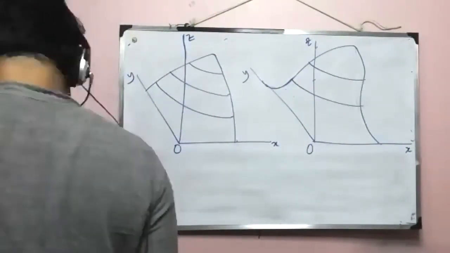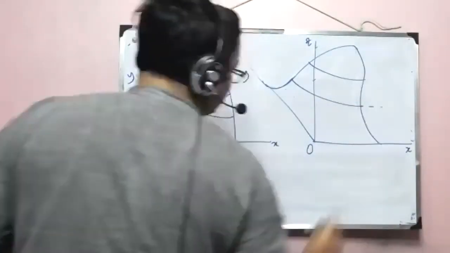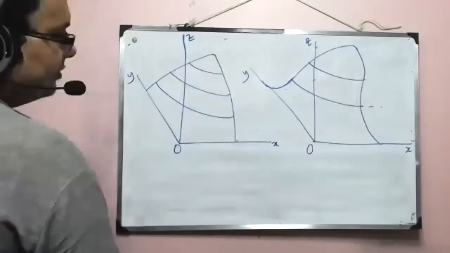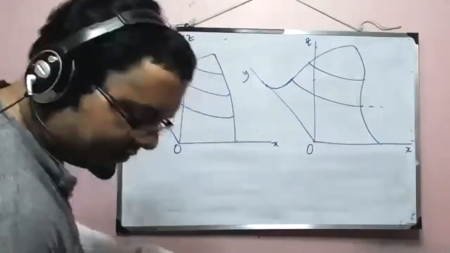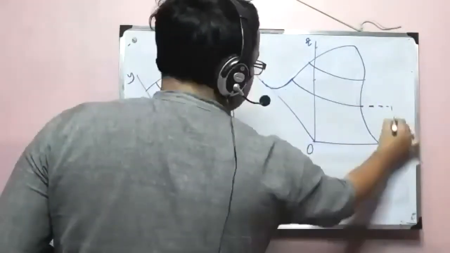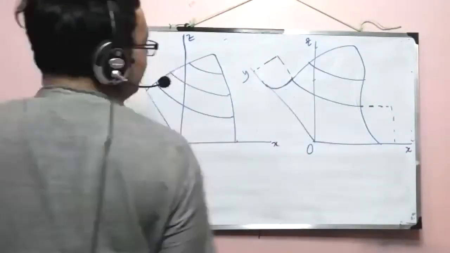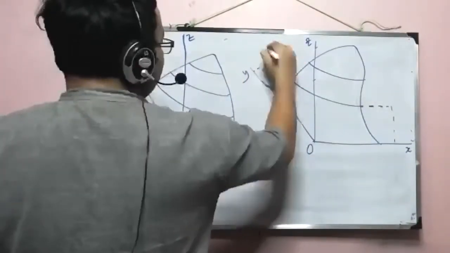Okay. So for example, if I take these two portions, if I take the lowest cut, both of them are convex portions.